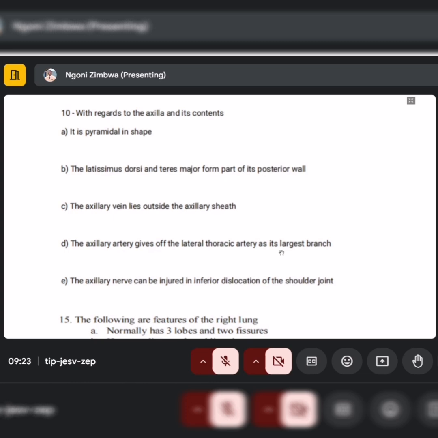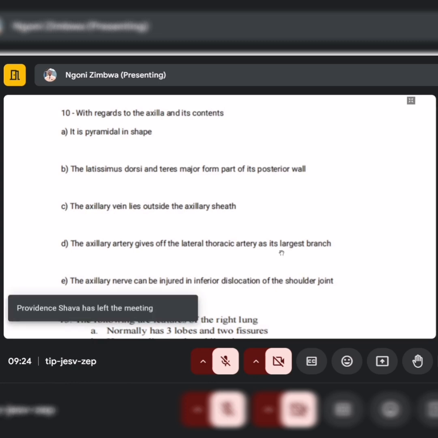Very important. E, the axillary nerve can be injured in inferior dislocation of the shoulder joint. What do you think? That is actually true, right? You have the axillary nerve together with the posterior circumflex humeral artery, which is a branch of the third part of the axillary artery, winding around the surgical neck of the humerus, entering the quadrangular space.